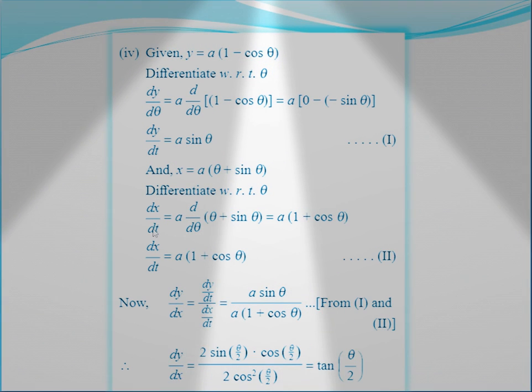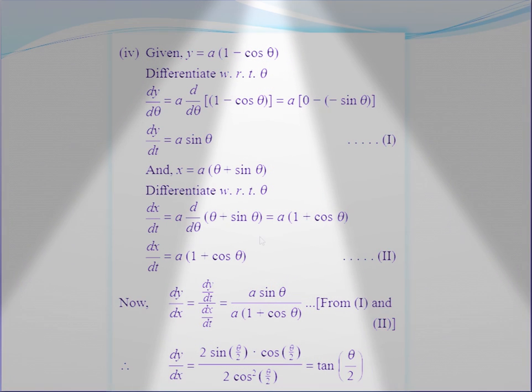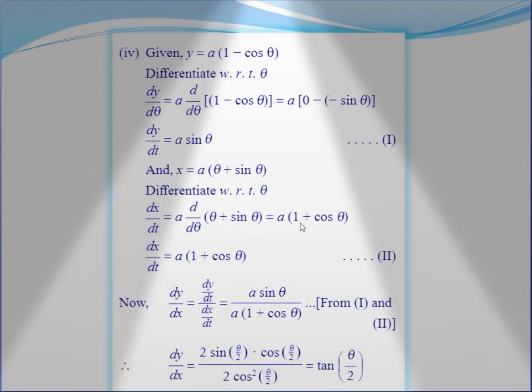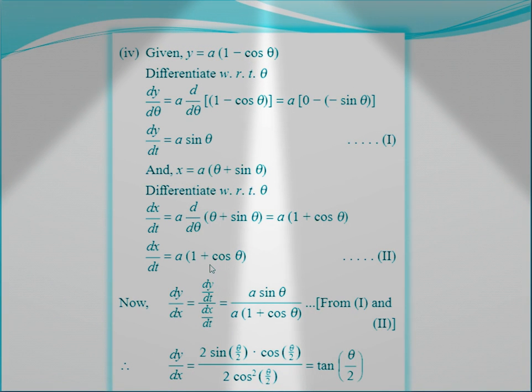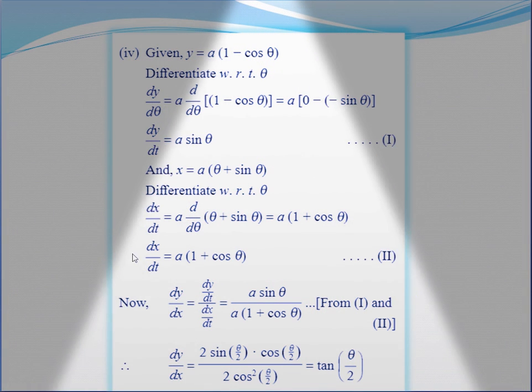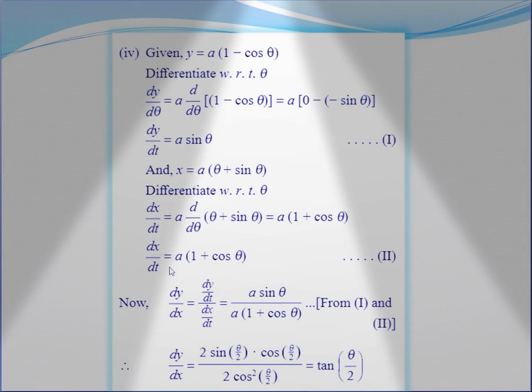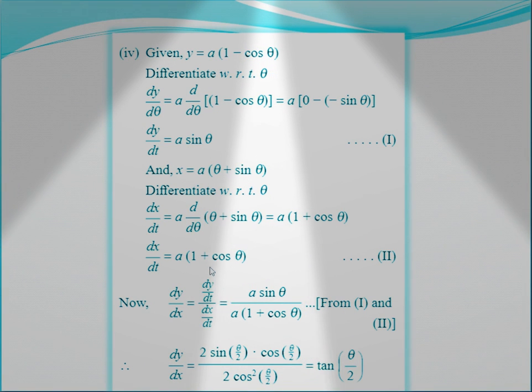Therefore dx upon d theta is equal to a into d by d theta of (theta plus sin theta). a is a constant term, keep it as it is, and using the addition rule, the derivative of theta with respect to theta is 1 plus the derivative of sin theta with respect to theta, which is cos theta. Therefore we get dx upon d theta equal to a into (1 plus cos theta). Say this as equation number second.